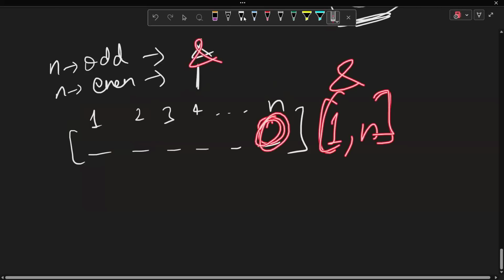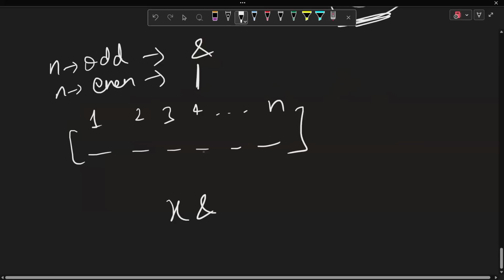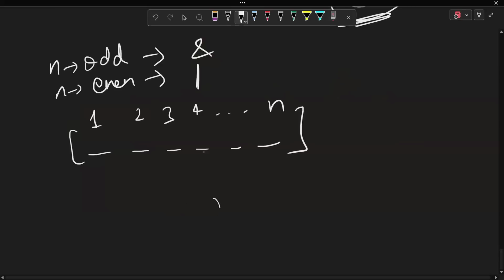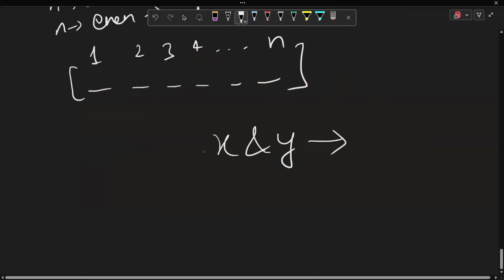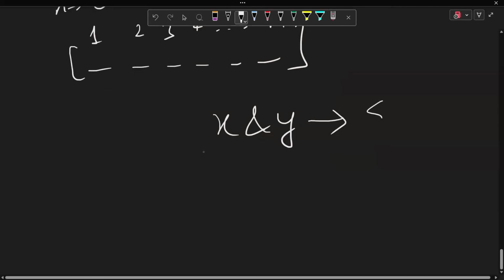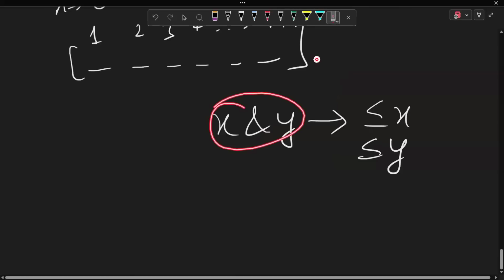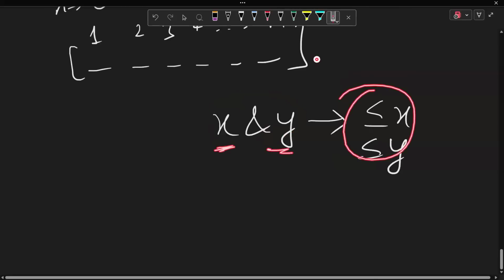Whenever you do an AND, any number x, if you do an AND with a number y, the final answer is less than or equal to x as well as y. Whenever you do an AND of two numbers, the resultant is going to be less than or equal to both numbers.